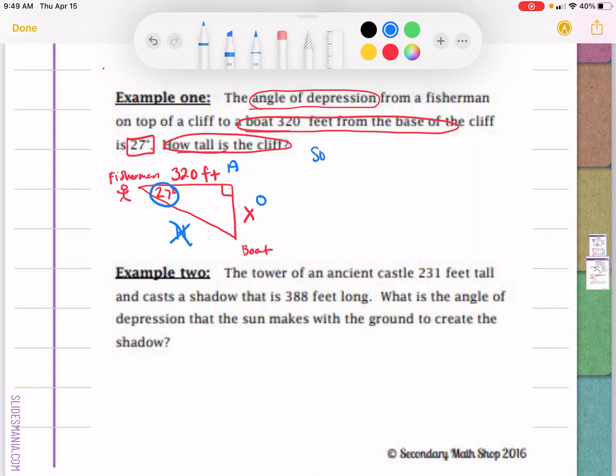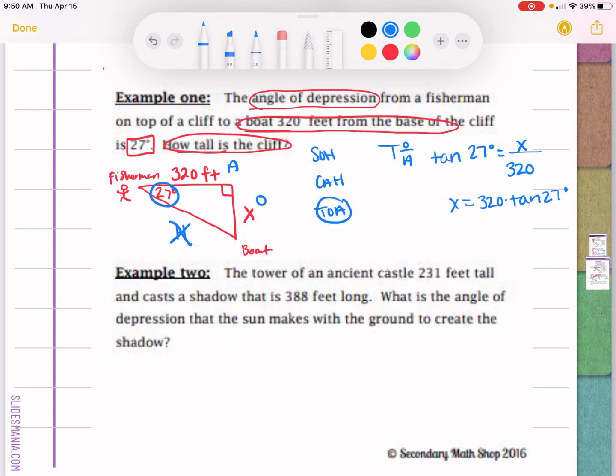So if I'm deciding between SOH, CAH, and TOA, this one would be TOA because it has A and O. So tan 27 degrees equals our O is X and our A is 320. For this one, X is on top. Remember, if X is on top, you're going to multiply. So it's 320 times tan 27 degrees.